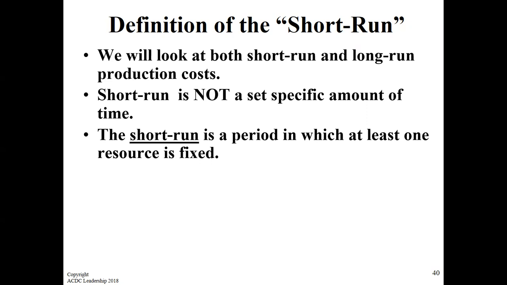So rent, like if I rented a factory, that's in the short run, because I have a fixed resource, that factory. If I have ovens, that is the short run, because I have a fixed resource, the oven.